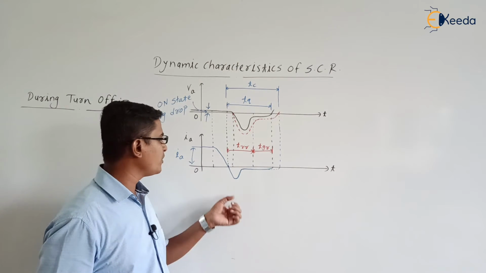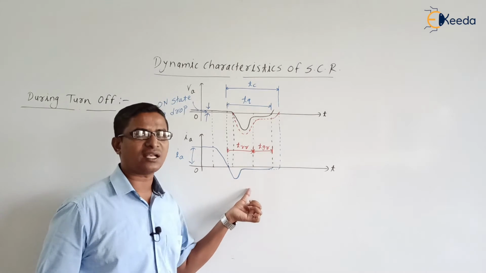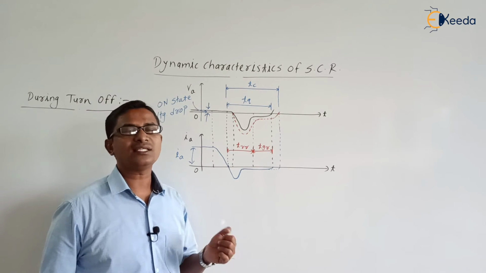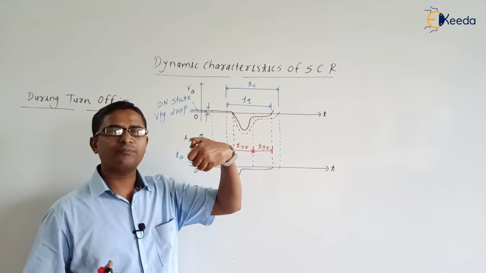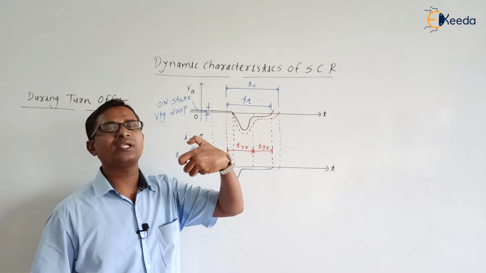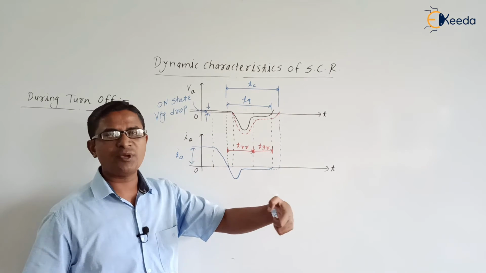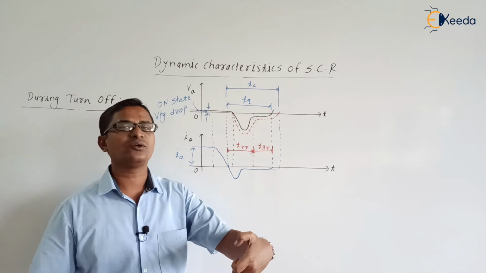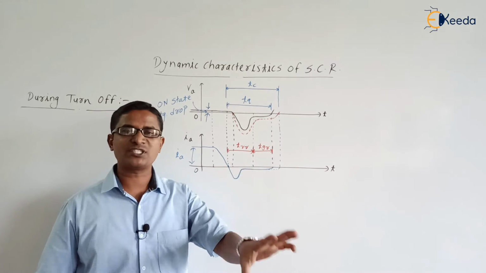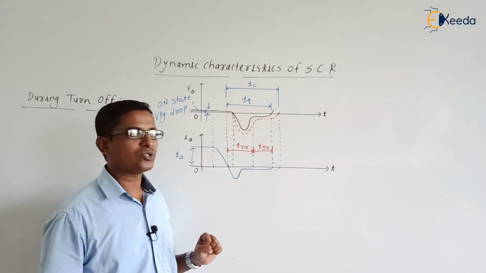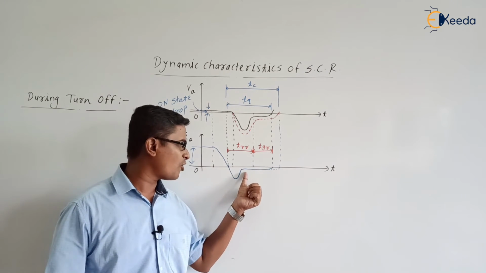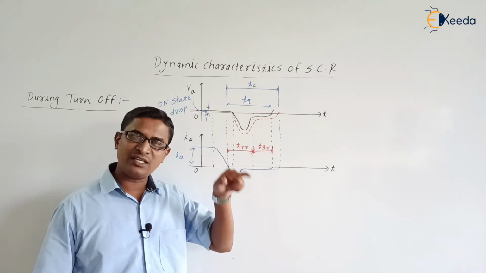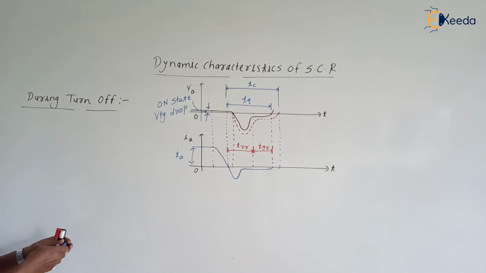So when we maintain the reverse voltage across the SCR, what will happen? From the upper p type layer and the lower n type layer, the charges will be moving towards the reverse voltage, or towards the external battery, which we have connected in reverse bias for the SCR. Therefore the flow of the current will be in the opposite direction.